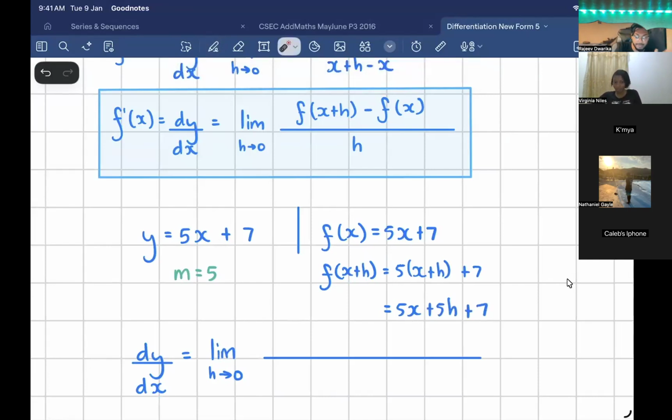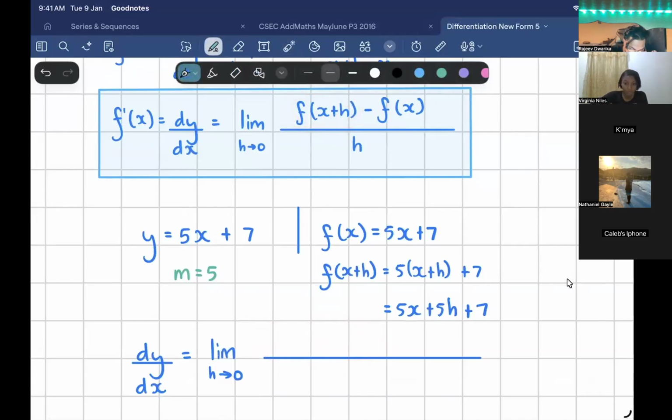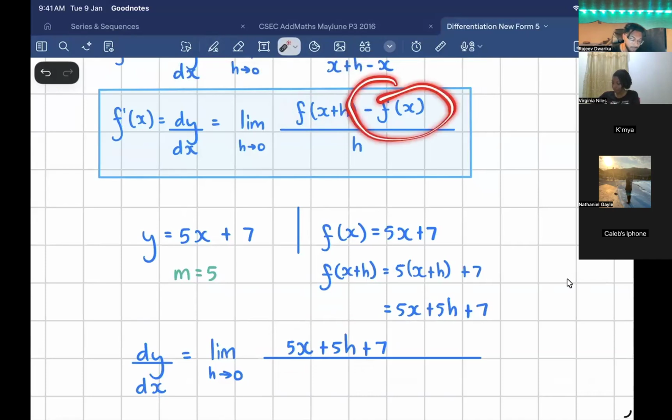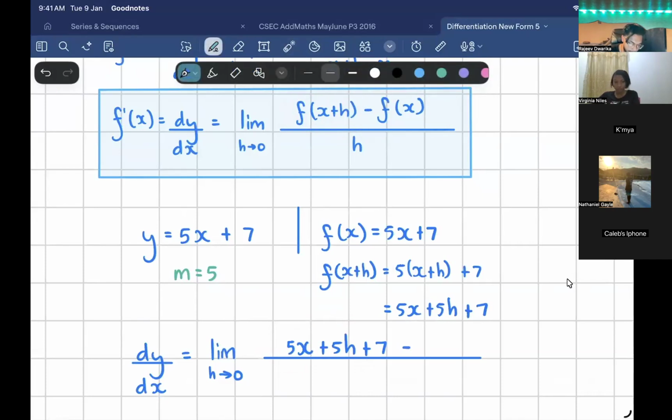So instead of writing f of x plus h, I put 5x plus 5h plus 7. And then I'm going to put minus f of x. What was f of x? 5x plus 7. Am I just going to write minus 5x plus 7?